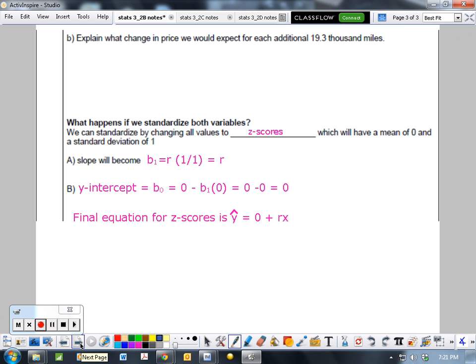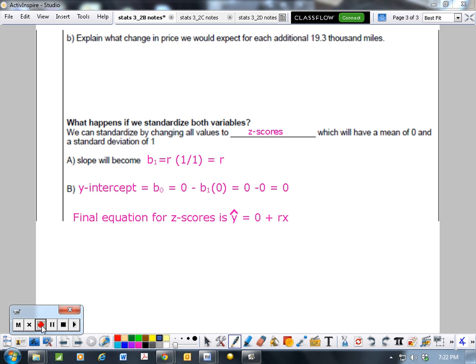Okay, explain what change in price we would expect for an additional 19.3 thousand miles. So this additional 19.3 thousand miles is checking how much the price would change. What we can do is use our slope, which is actually our rate. It tells me for every 1,000 miles, how is my price changing?